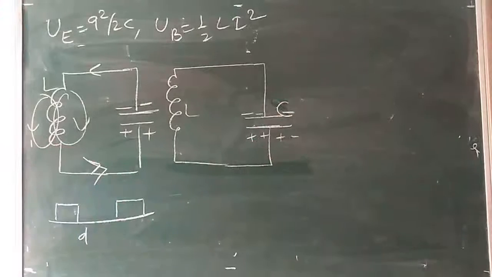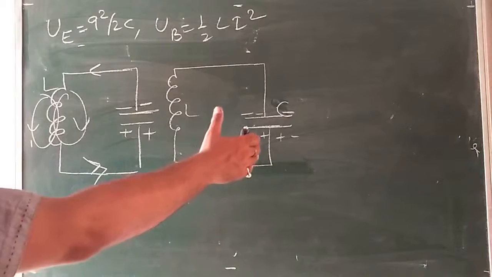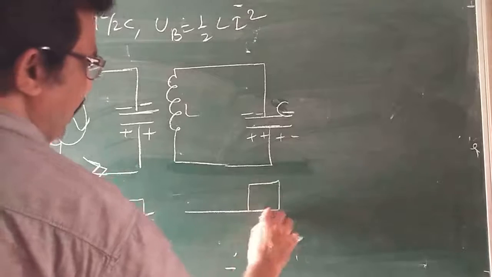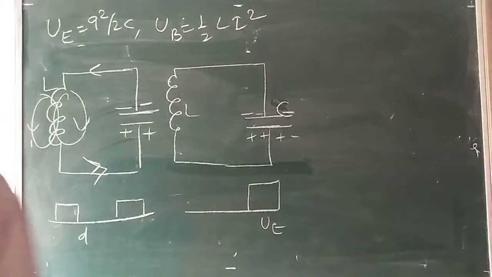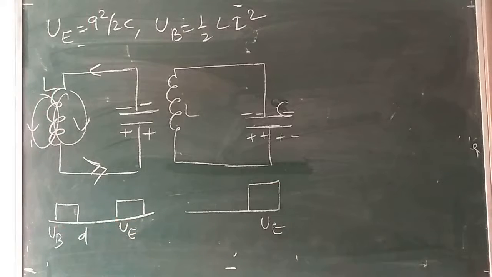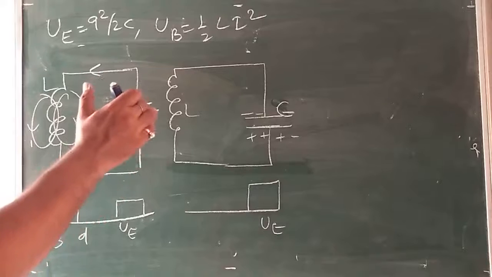See here. In this figure, dear children, it is totally charged. All energy is converted into electrostatic energy. Here it is UB, here it is UE. A, B, C we have drawn earlier.